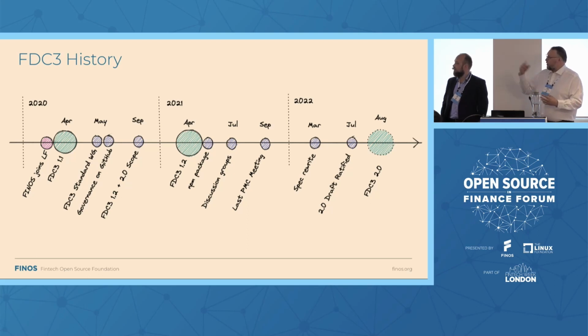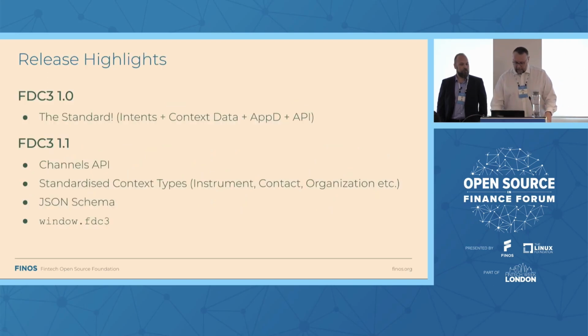And we also started a spec rewrite, which I'll say something about in a moment. Chris will mention it as well. But long story short, we're at the point now where we have the 2.0 draft. It's loads of work. It's by far our biggest release ever. So that's just a bit of where we came from.